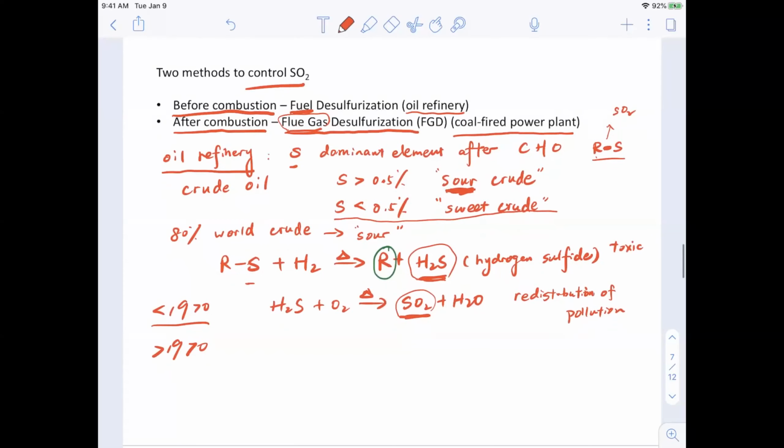Okay, so if you further look at the hydrogen sulfide, and we're trying to control the emission of the sulfur dioxide, right? So if you look at these two pollutants here, we can come up with a better solution there, right? We know that hydrogen and oxygen can combine together to form water. The water is not a pollutant, okay?